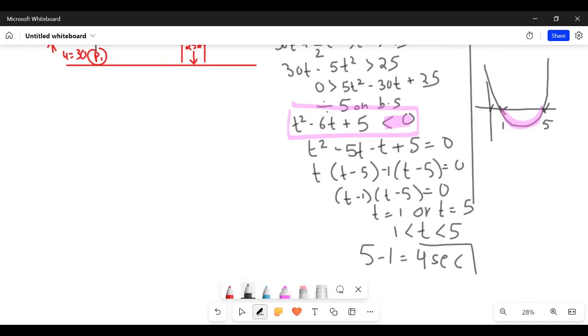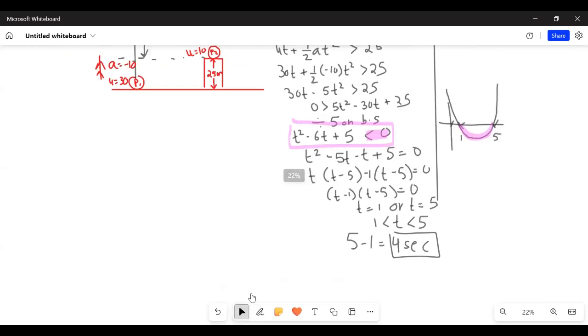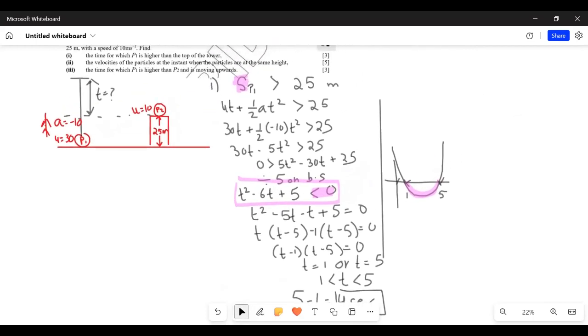So for 4 seconds, the particle P1 is at a height greater than 25. So whenever it says greater than this distance, less than this distance, use inequalities and then solve the quadratic inequality.